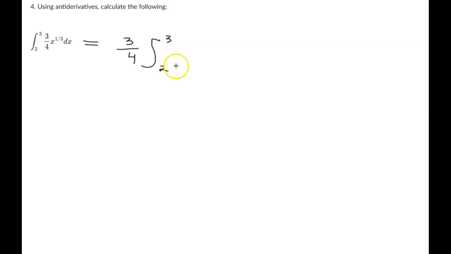It's the integral from 2 to 3 of just x to the 1/3 power. And if you know from your calculus, the integral of x to the n dx, when n is not equal to -1, we have the following result.